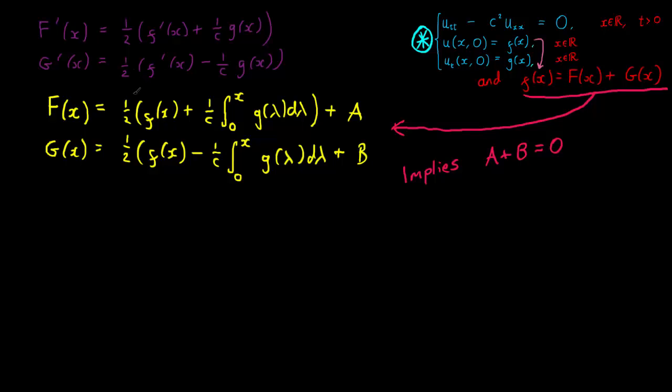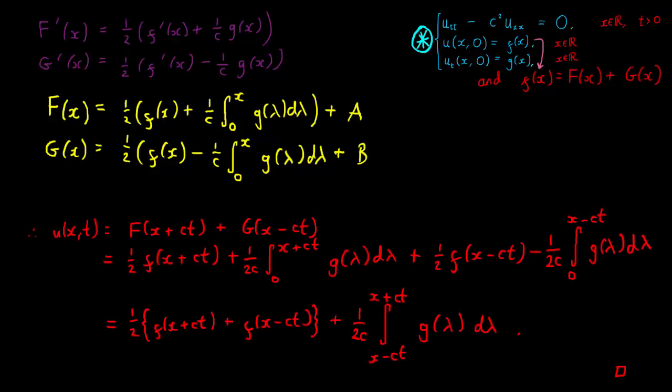And you can see that fairly straightforwardly, because if you add big F and big G, so we're adding these two lines together, here we get a half f of x plus a half f of x, which is just one lot of f of x. And then these integral terms will cancel, so that goes and that goes. And then we're left with plus a plus b. But this condition implies that we should have nothing else on this side other than f of x. So a plus b must be equal to 0.